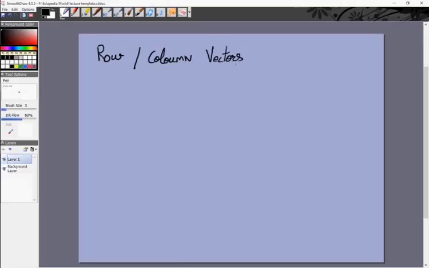So a vector is basically a matrix which has either only one row or one column. If it is, let's say, a matrix which has only one row, then it is called a row vector. An example would be 1, 2, 5, 9.